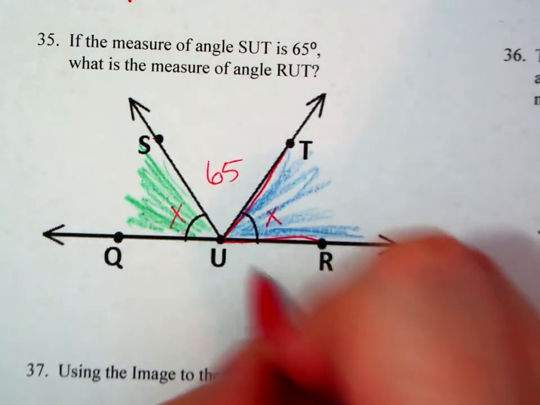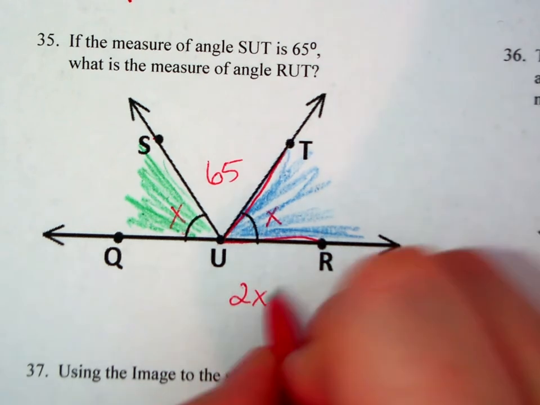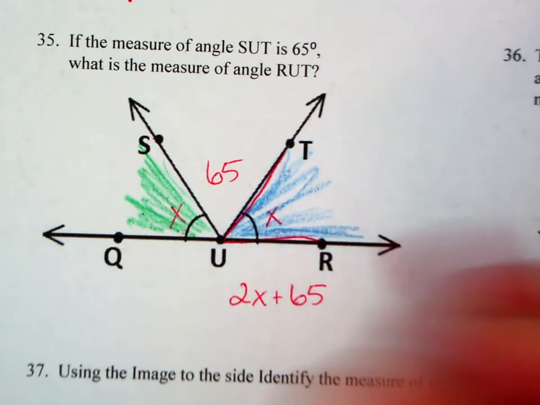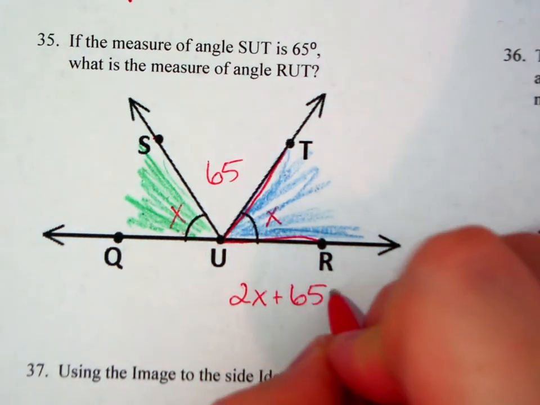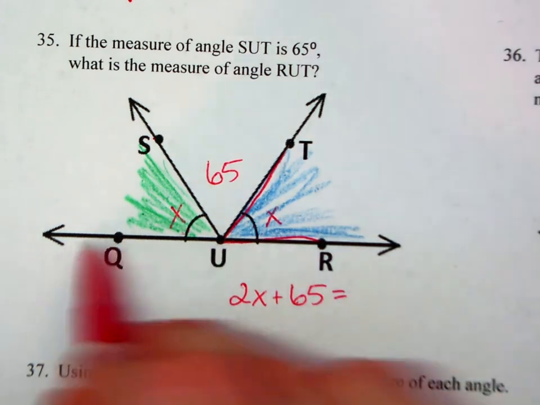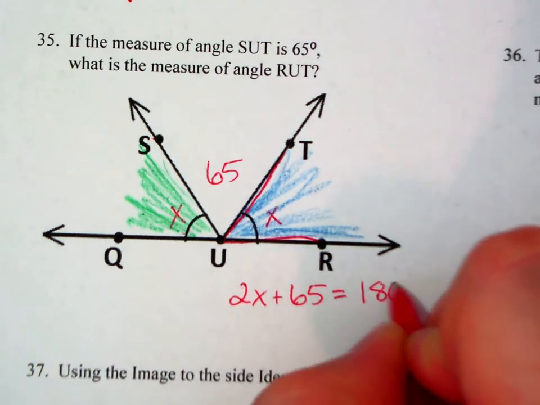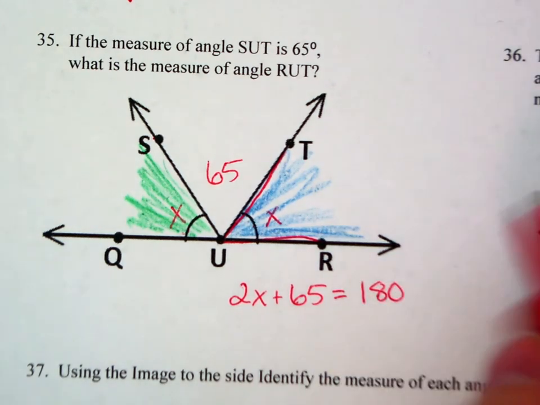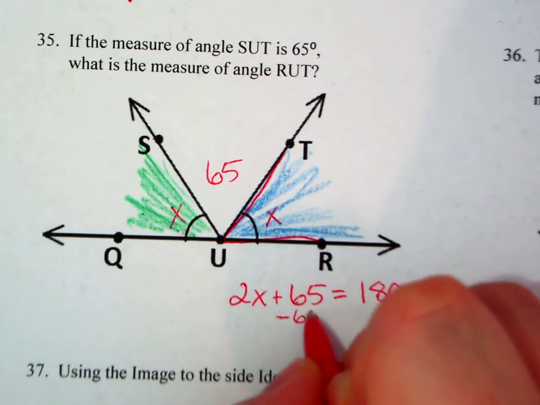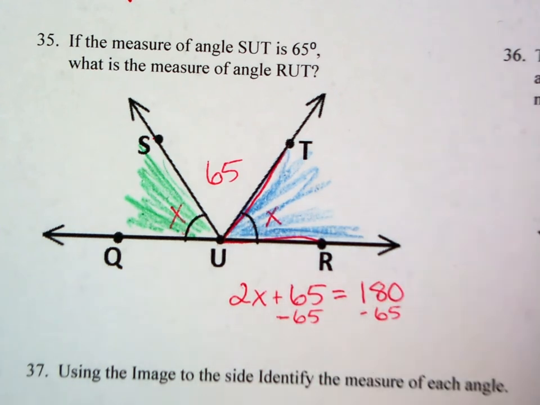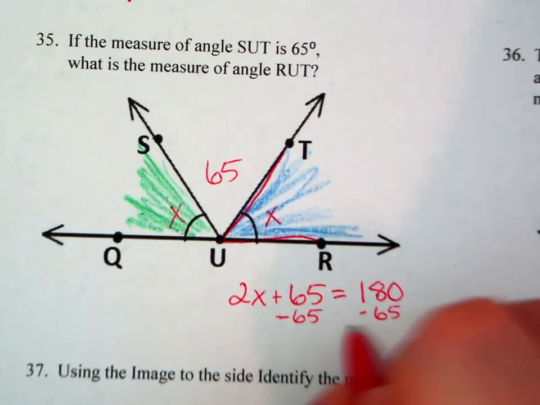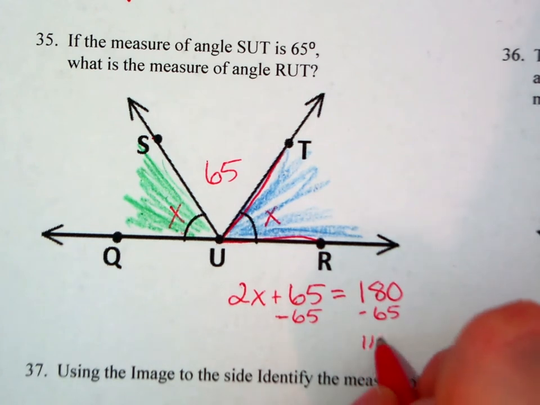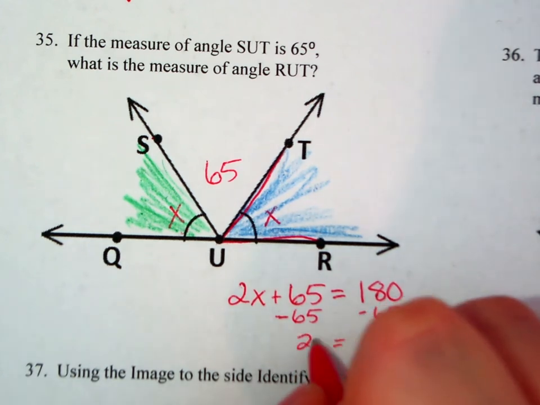So x plus x is 2x, plus 65 is going to form a straight line, which is equal to 180 degrees. We then subtract 65 from both sides of my equation, and we determine that 115 is equal to 2x.